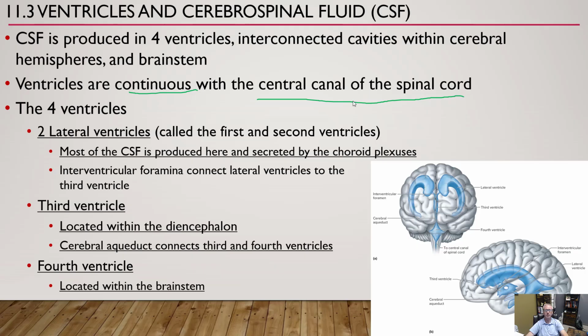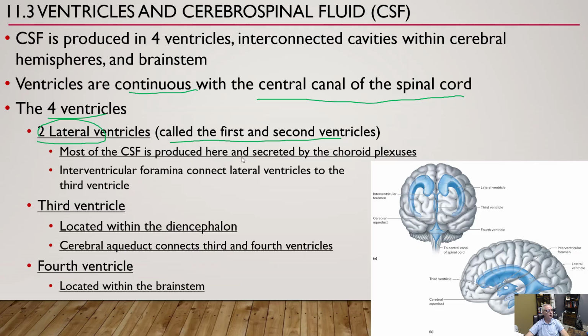And continuous just means that it's kind of free flowing with this central canal. There's no stops between these ventricles and the spinal cord. So we call these ventricles essentially the first, second, third, and fourth ventricle. These first two ventricles are actually called the lateral ventricles.